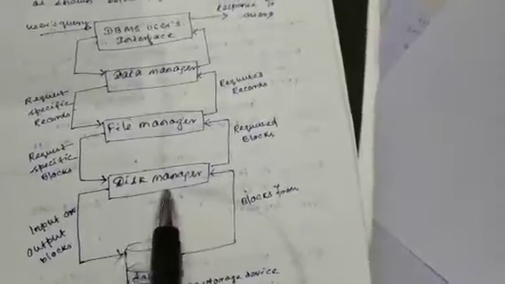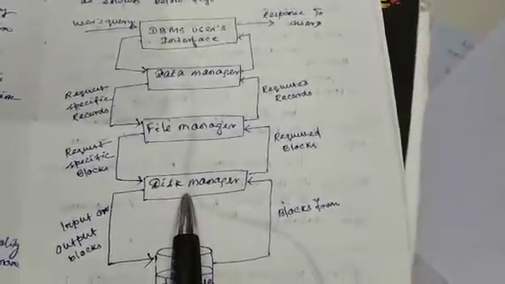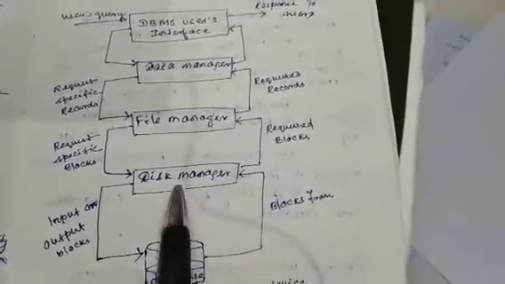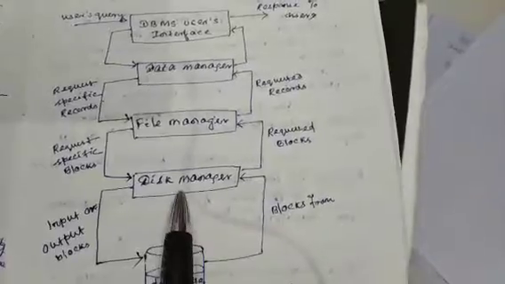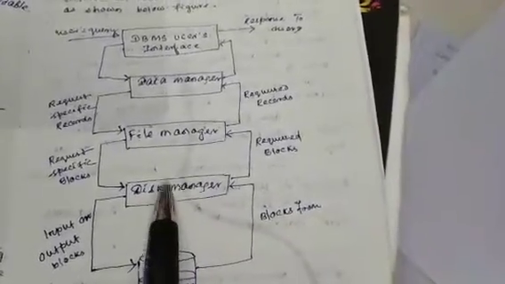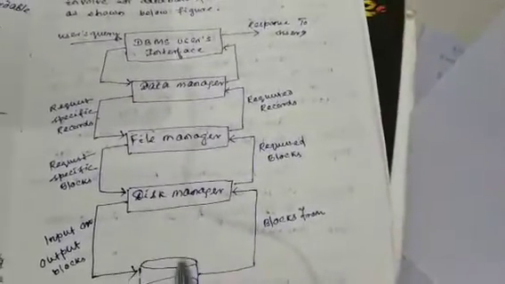The disk manager is a part of the operating system, so all physical input output operations are performed by it. This request from the disk manager will come to the database and find that particular block.